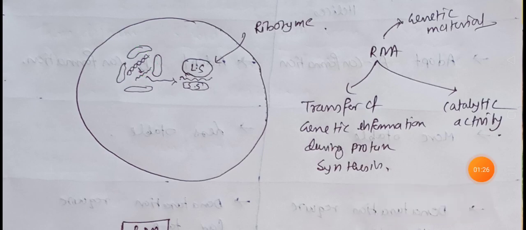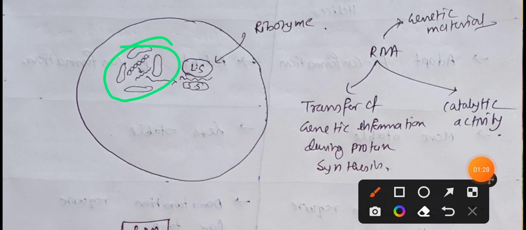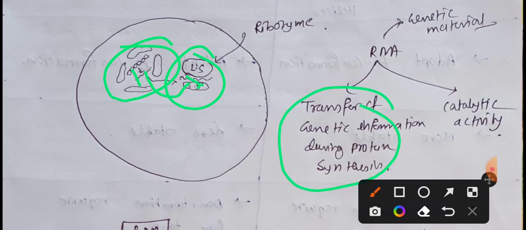But this DNA will never leave the nucleus. Instead, DNA will be transcribed into RNA, and this RNA will leave the nucleus and go to the ribosome and produce protein, right? And that's how RNA transfers genetic information during protein synthesis.